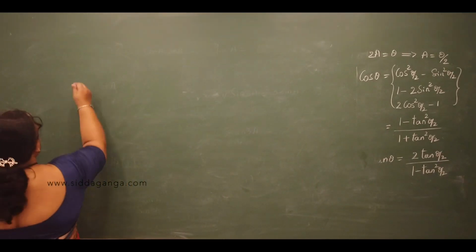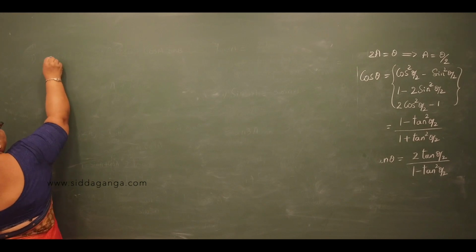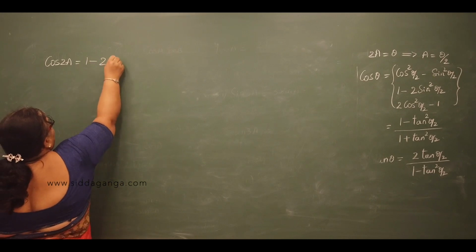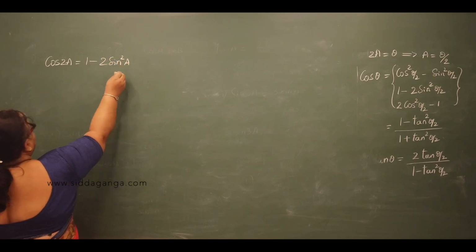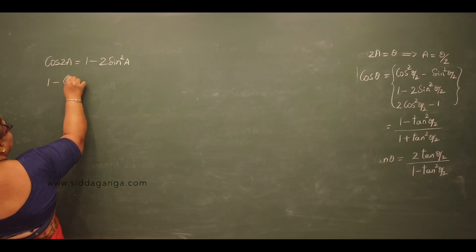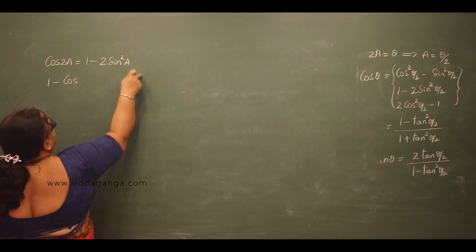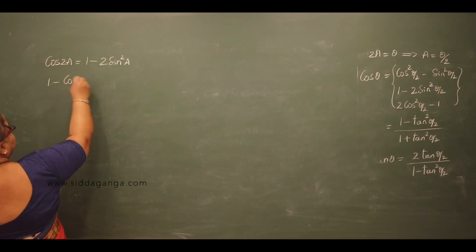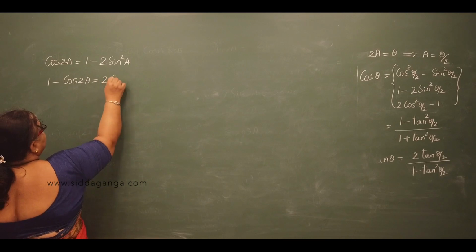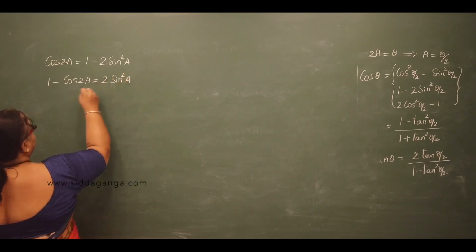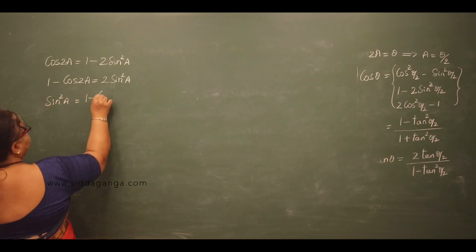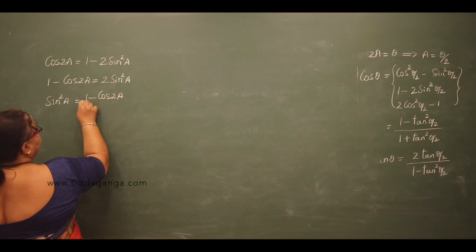So here we know that cos 2A is equal to 1 minus 2 sin square A. We can convert it into different forms. So you shift cos 2A to the right side and 2 sin square A to the left side. That is, we get 1 minus cos 2A equal to 2 sin square A, or sin square A is equal to 1 minus cos 2A divided by 2.